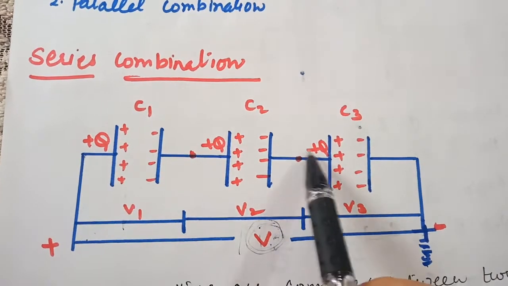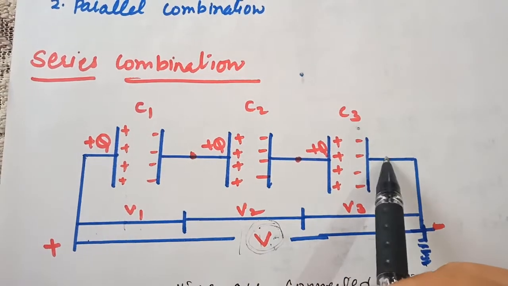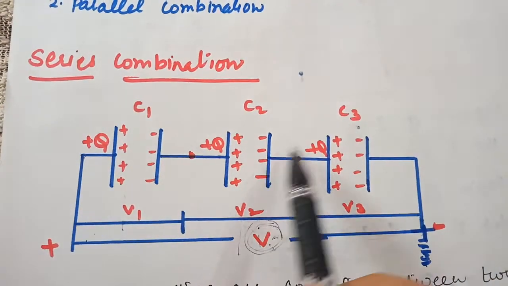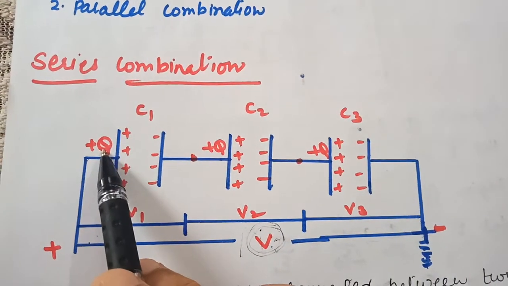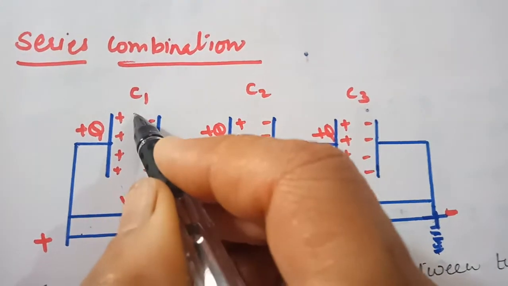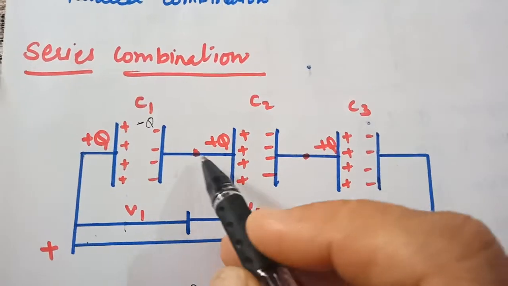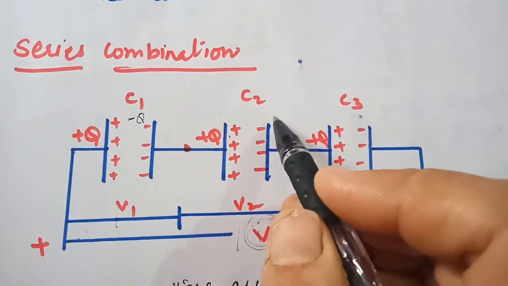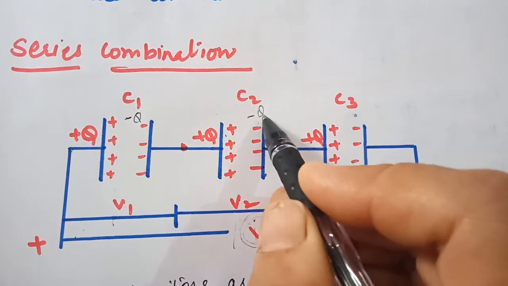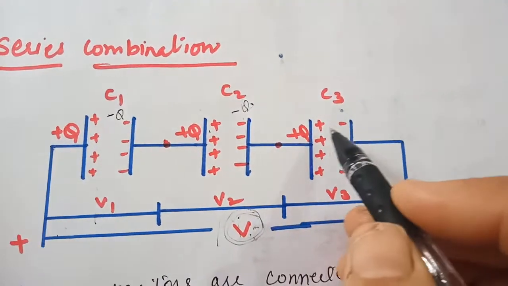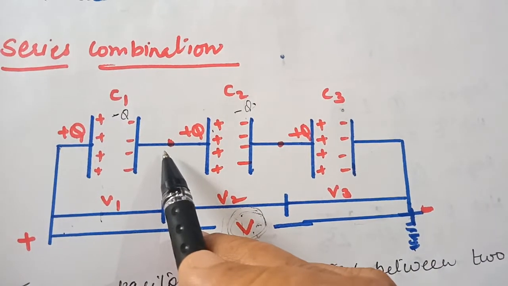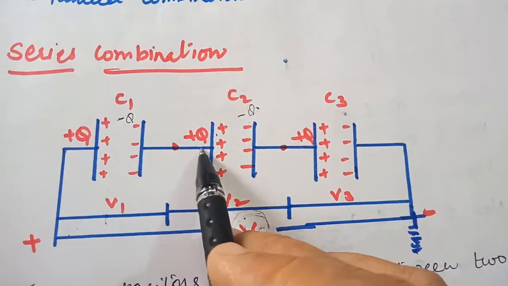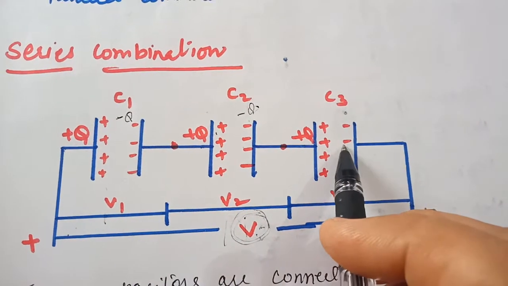Since they are connected in series combination, all the plates acquire the same amount of charge. This plate acquires plus Q charge, so this plate will acquire minus Q charge. Similarly, this plate acquires plus Q charge, so this plate will acquire minus Q charge. The amount of charge will be the same. So we can say in the series combination, the charge flowing in the capacitors will be the same.